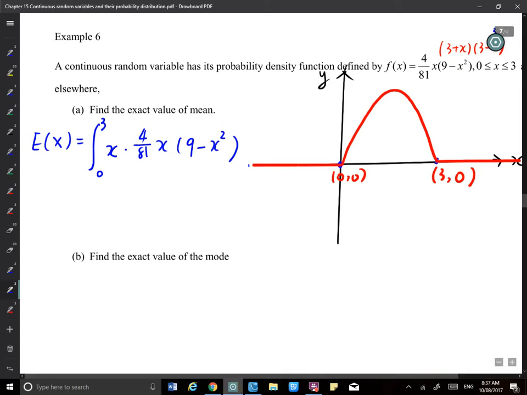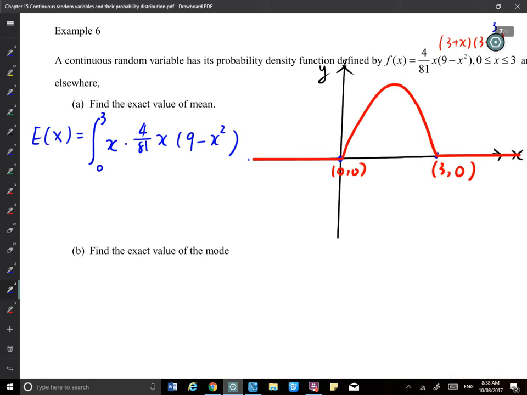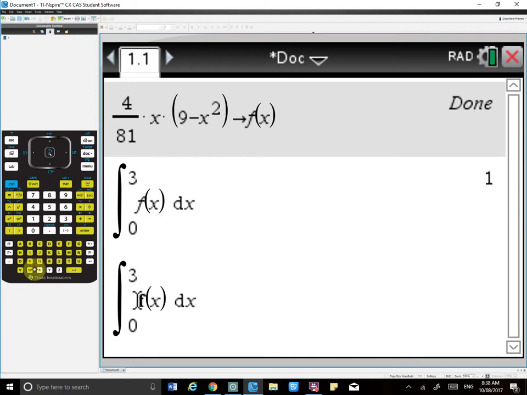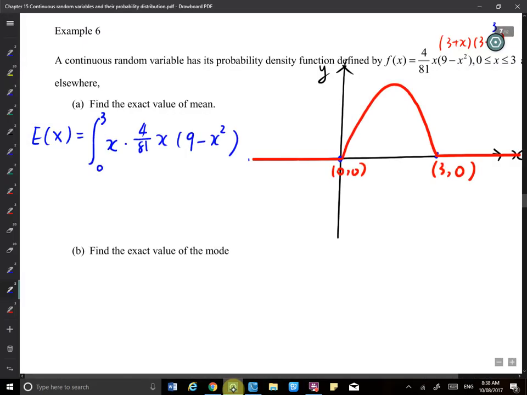How do we find that? Well, you should be able to solve this by hand, but because I asked you to do it as homework, I will just calculate from here to save some time. I'm pretty sure that's just polynomials, you can solve it. So x times f(x) from 0 to 3, we have 8 over 5. The expected value is 8 over 5.